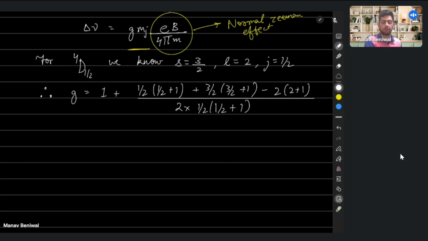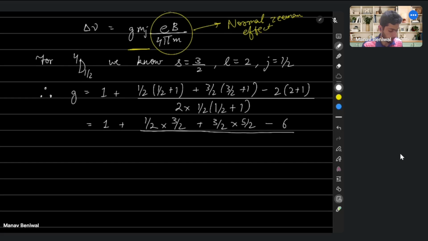So now once we have this, we can basically write 1 plus, this is half into 3 by 2 plus 3 by 2 into 5 by 2 minus 6. Divide by, so this 2 and half will cancel out and we will be left with 3 by 2.